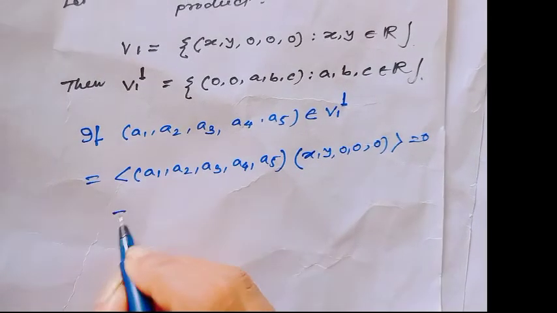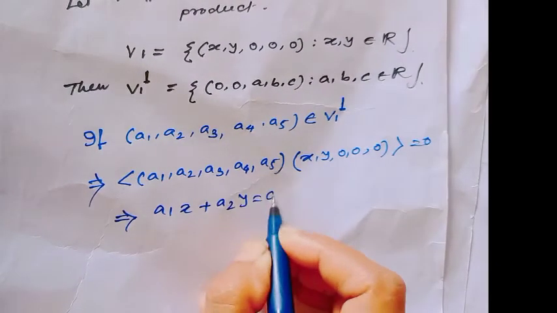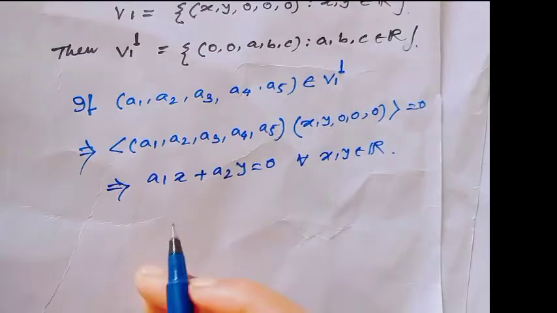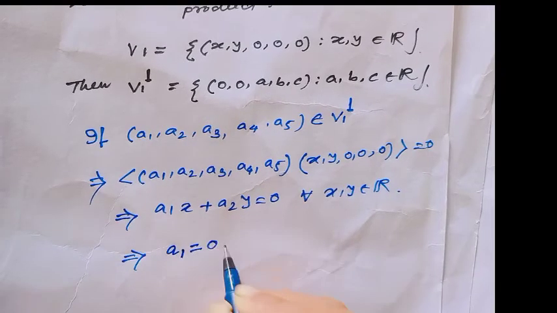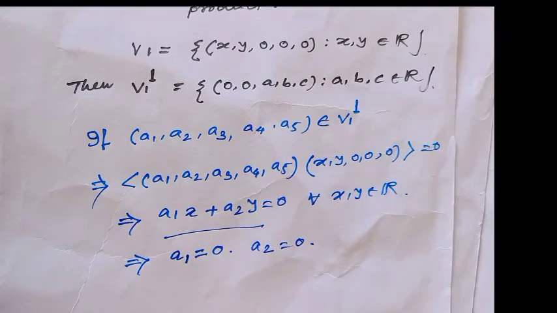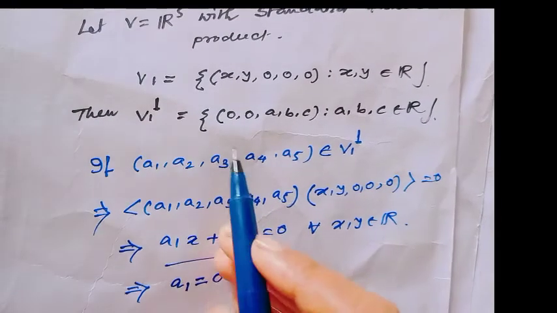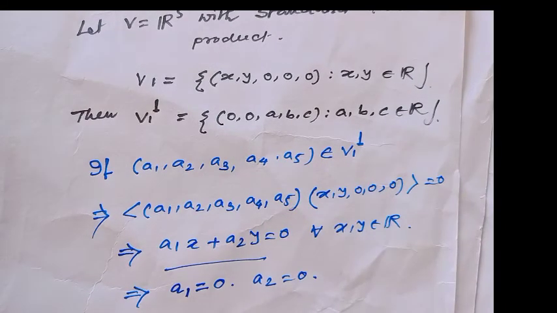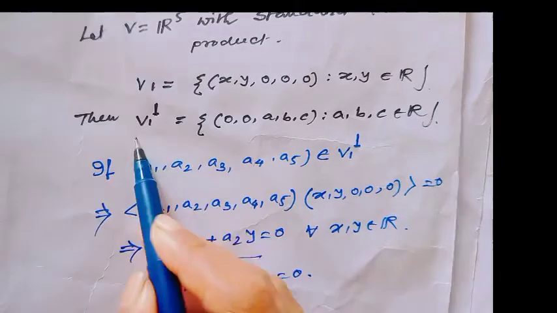From this expression, a1x plus a2y equals 0 for all x, y belonging to R. From this we can tell, obviously, a1 equals 0 and a2 equals 0. That means V1 perp would be of the type (0, 0, a, b, c) where a, b, c belong to R. Are you getting the idea how we have to find the orthogonal complement of any subspace?